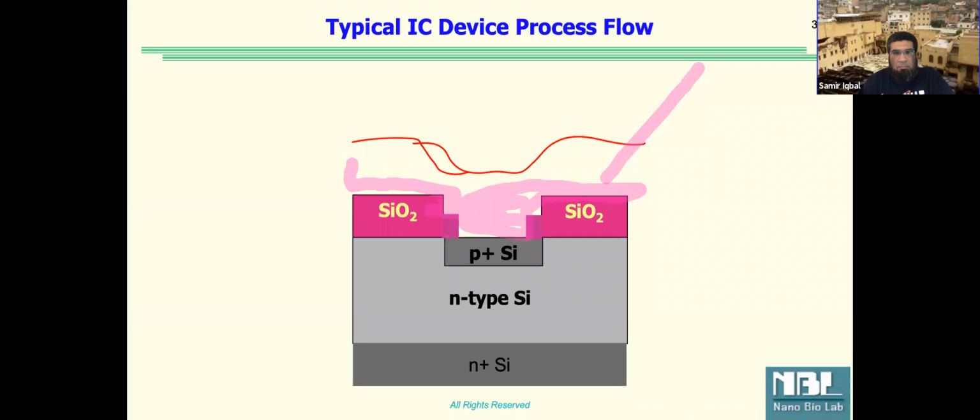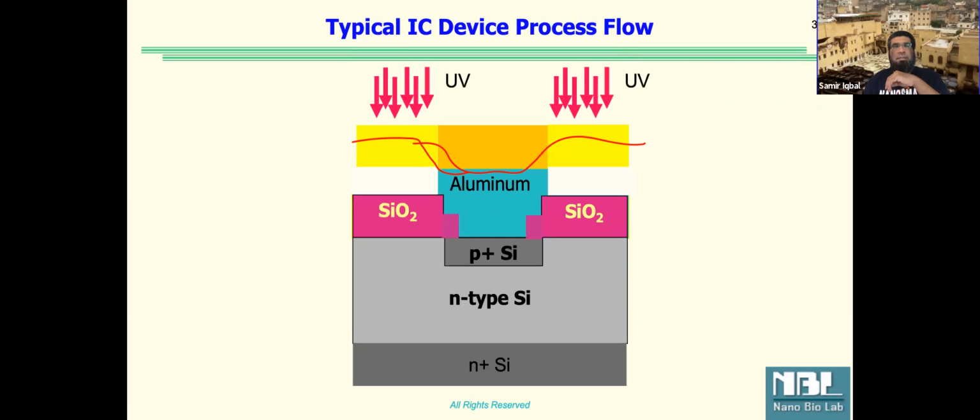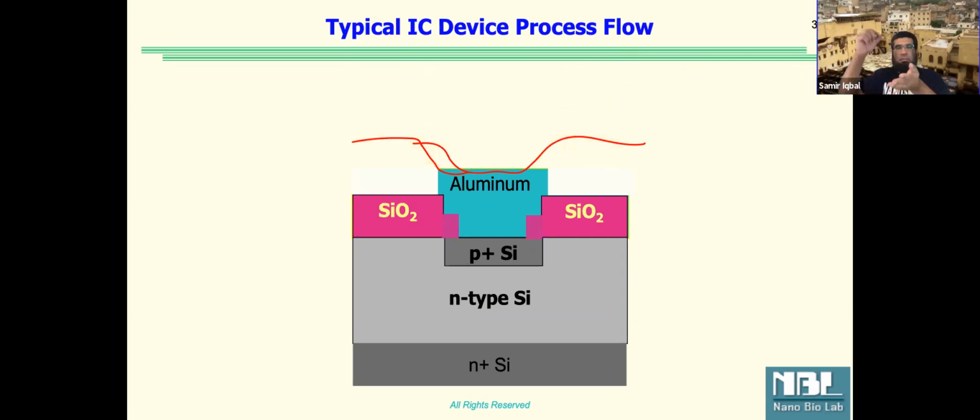So essentially, we would cover this whole thing with metal, and then we can make another layer of mask and remove metal at some places. So we have a pointed place where you can make connection.